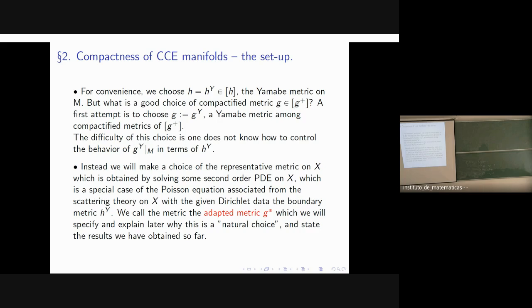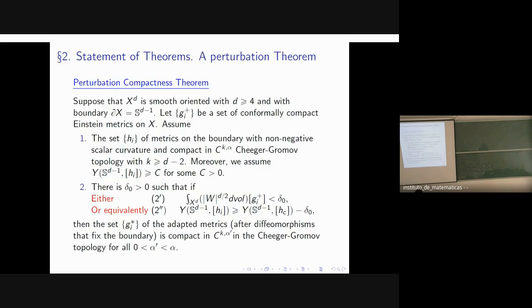Given this explanation, let me state a couple of results. For simplicity, I frequently deal with the case where the conformal infinity is just the sphere. In some cases you don't need that, but let's assume it is the sphere. Our basic assumption is always that on the boundary everything is fine.